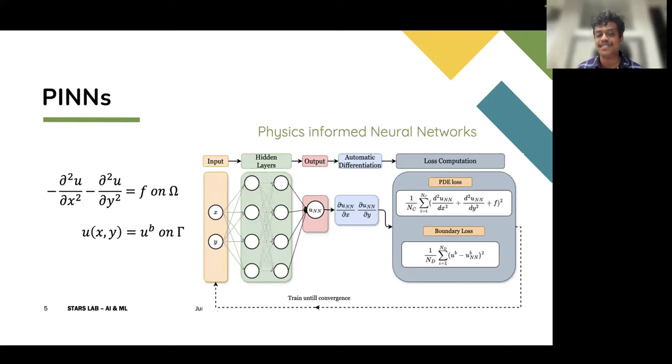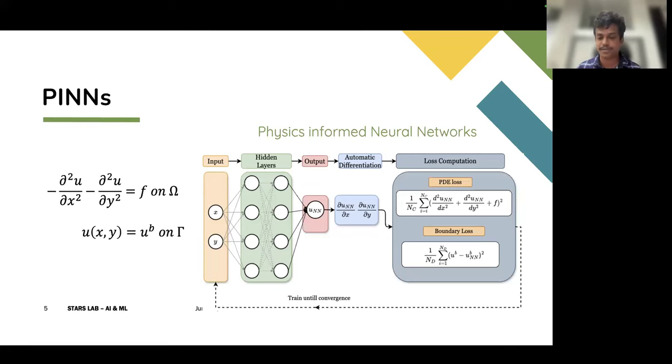Okay. So again, I don't think this group needs much of an introduction on what PINNs is. Physics-informed neural networks are a special kind of neural network where you get the solution from your neural network, and for your given spatial or time coordinates, you use automatic differentiation to obtain the gradients of that particular solution with respect to the inputs, which generally turn out to be the terms in your PDE.